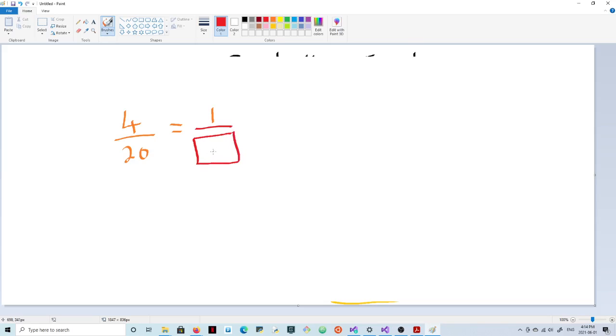What you need to fill in this box here. Now, if you don't see the relationship, 4 upon 20 is the same as 1 upon, 4 times 5 is 20, so this is going to be 5.